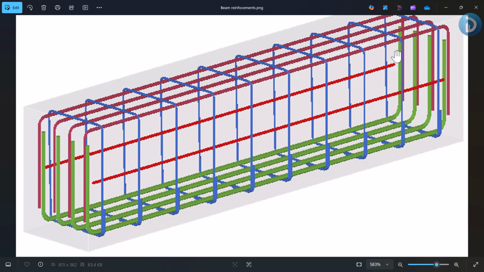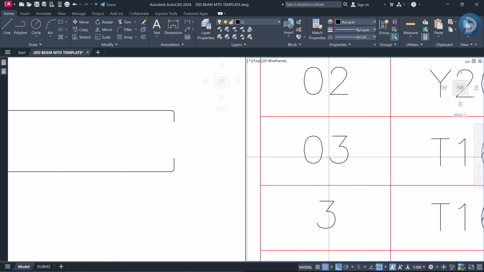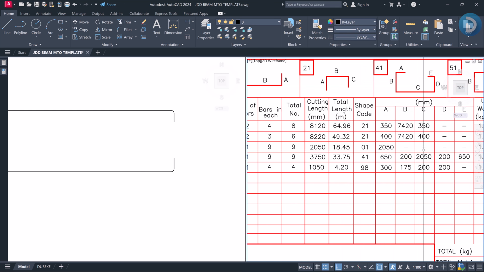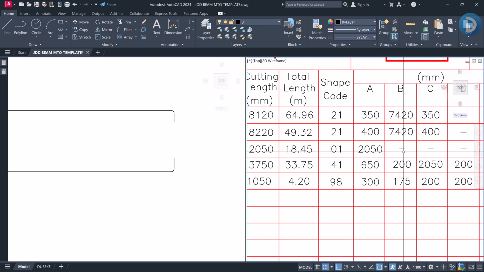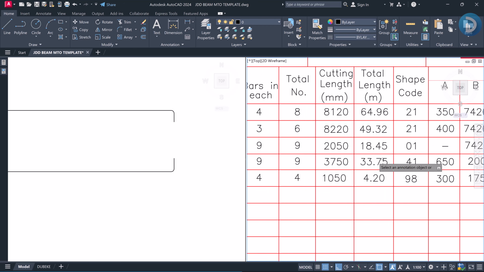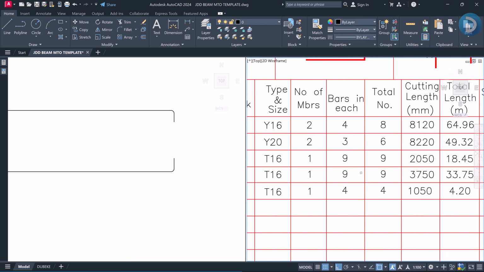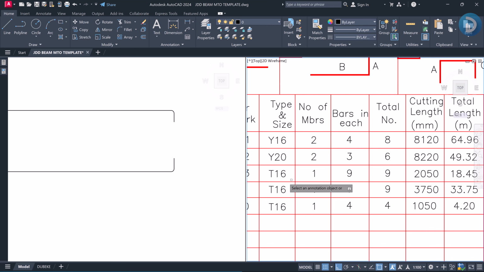So the total length of this automatically becomes 7420, and this place becomes a dash. Okay, this becomes 7420, right?